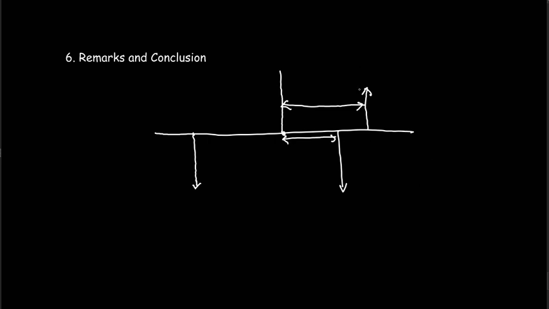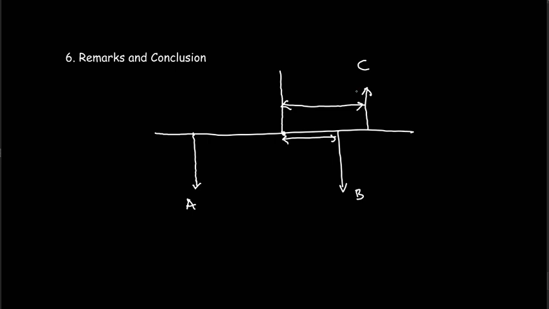Now take a look at this. If you want to take the moment about this point, how are we going to take the moment? First of all, you have to consider which of these forces, let's say we have force A, force B, and force C, are clockwise and which are anti-clockwise.